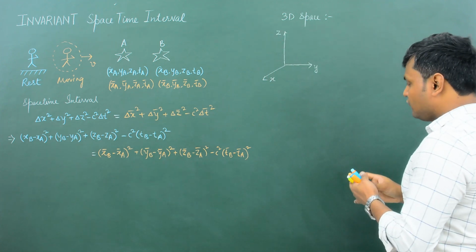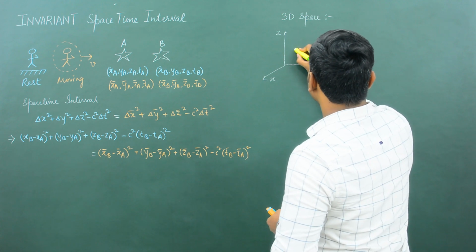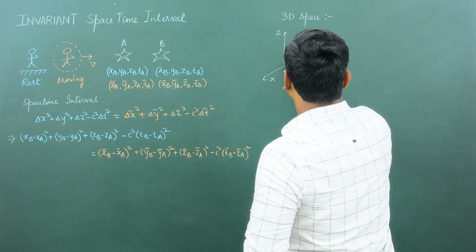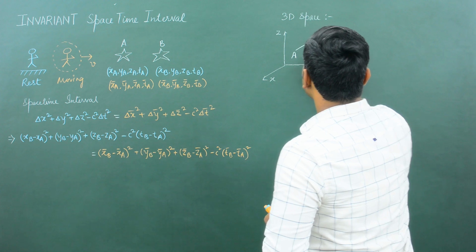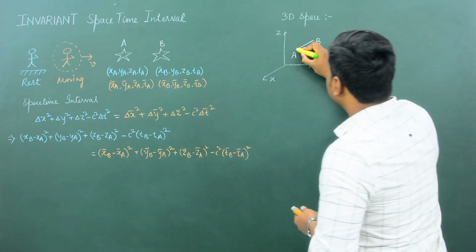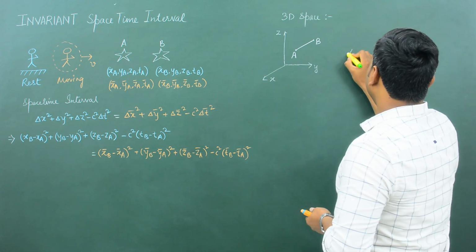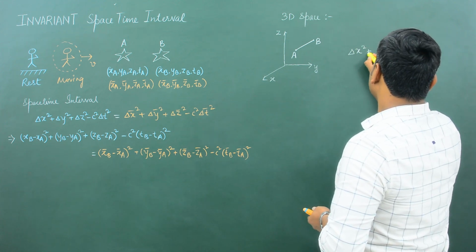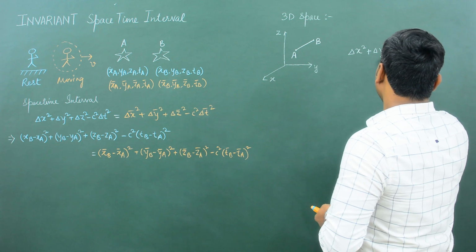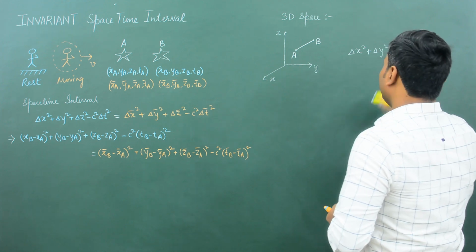If we are trying to find the interval between any 2 points, say point A and point B, then the interval between them in space is given by the usual del x square plus del y square plus del z square.